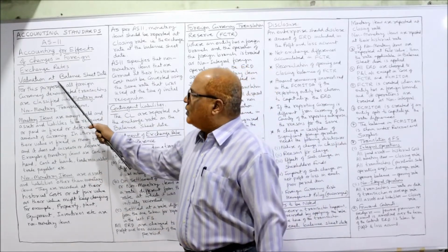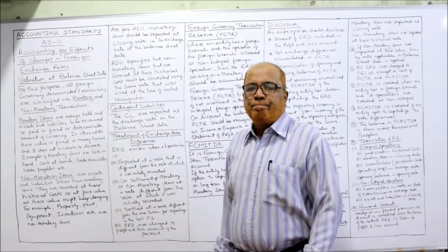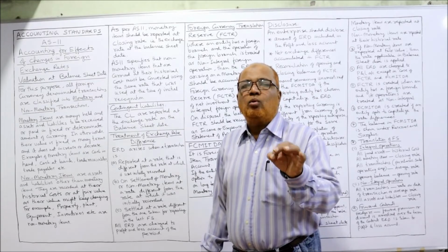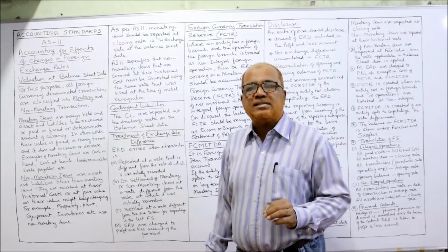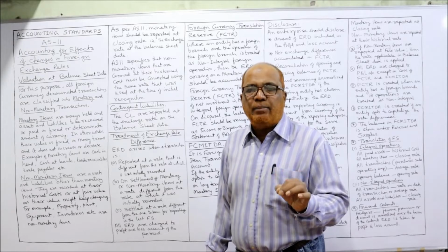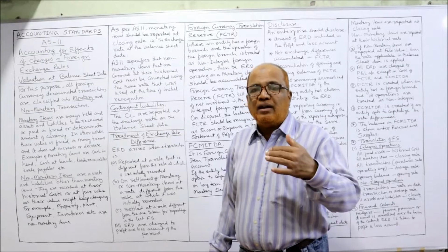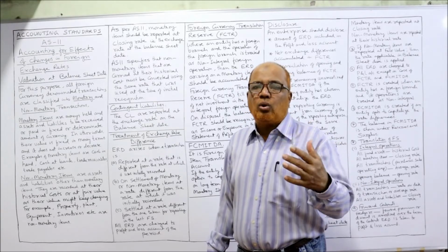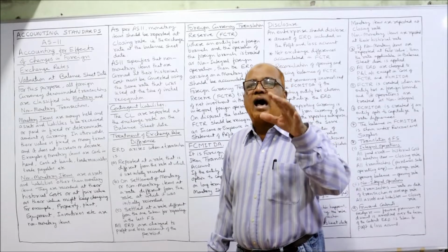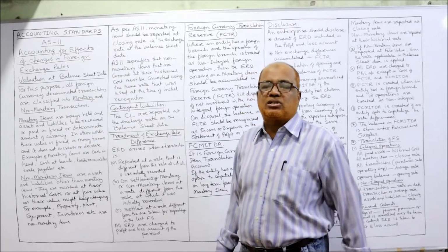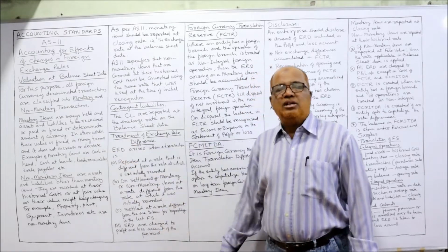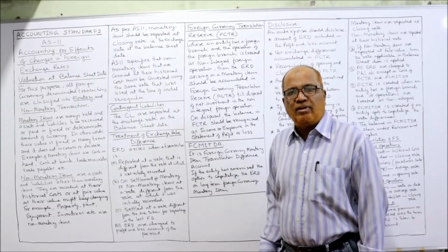In this video, valuation at balance sheet date. At the balance sheet date, we have to value a number of assets and liabilities. How to find the value of those assets and liabilities as on the balance sheet date? That provision is given by this AS11.